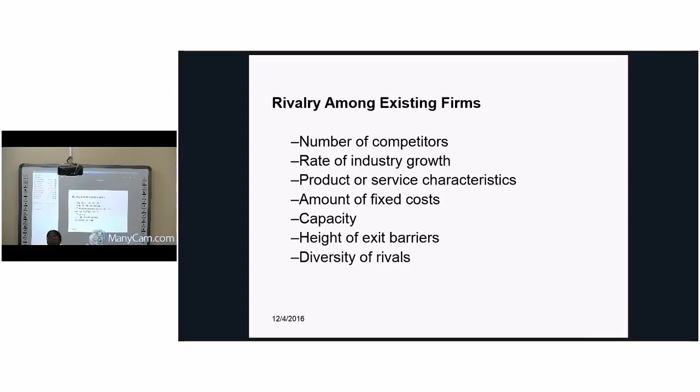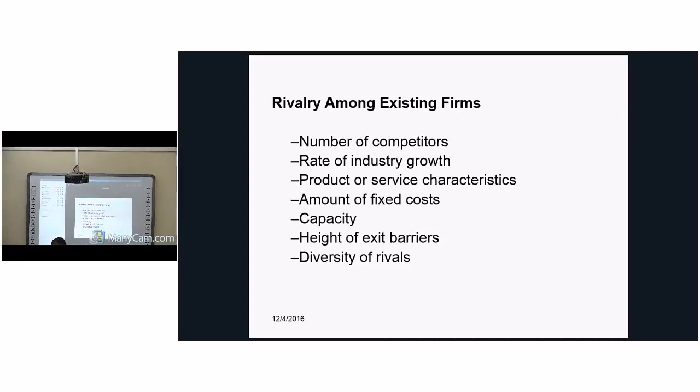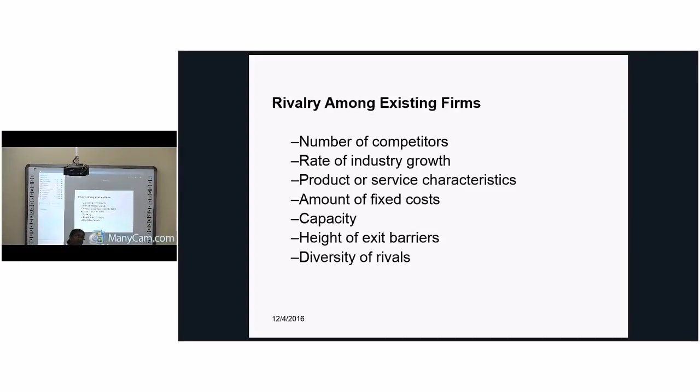Number of competitors in the market determines the rivalry. Nature, level or degree of rivalry. Rate of industry growth. Product or service characteristics. Amount of fixed costs. Capacity. Height of exit barriers and diversity of rivals.